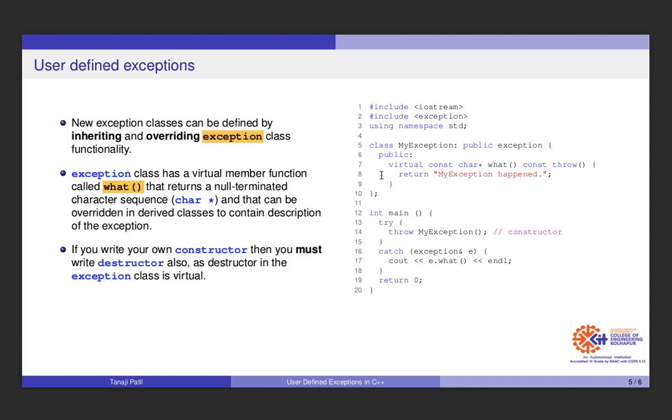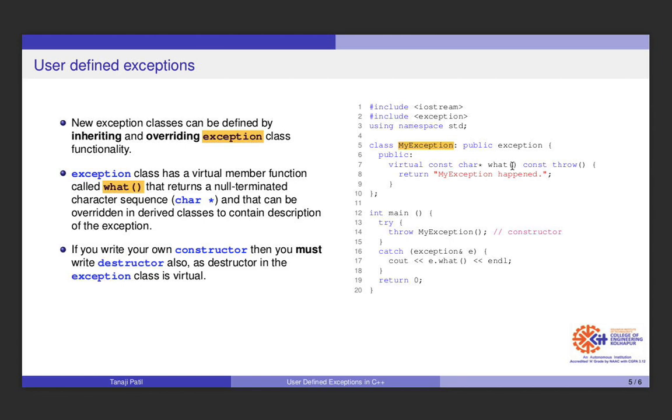For example, you see it here, I am creating a new class called my exception. So the name of my class is my exception, and this is a public derivation of the exception class. The signature of the what method is virtual const char star what.